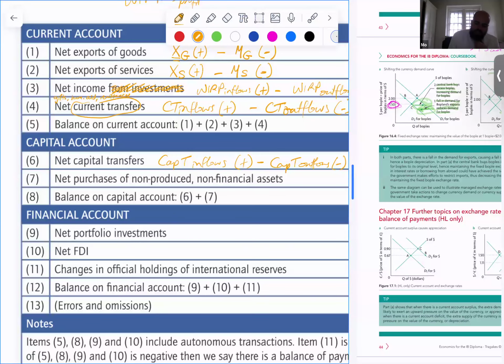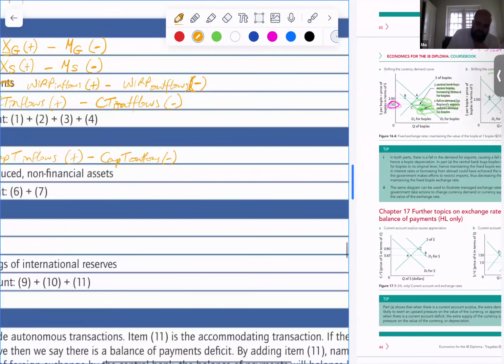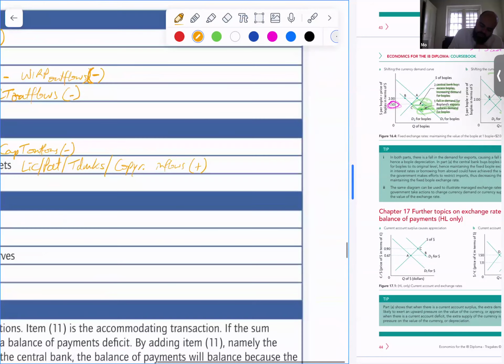And then you have net purchases of non-produced, non-financial assets. These are things like licenses, patents, copyrights. So think of licenses, patents, trademarks, copyright inflows. These are the credit minus the outflows.